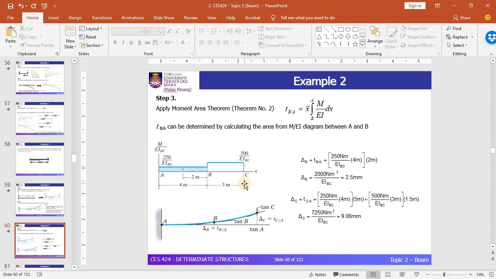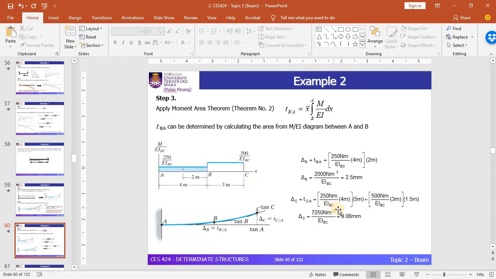So the total area that you need to consider is both rectangles, for AB and BC. That's why you can see that there are two terms. The first term is for AB, the second term is for BC.